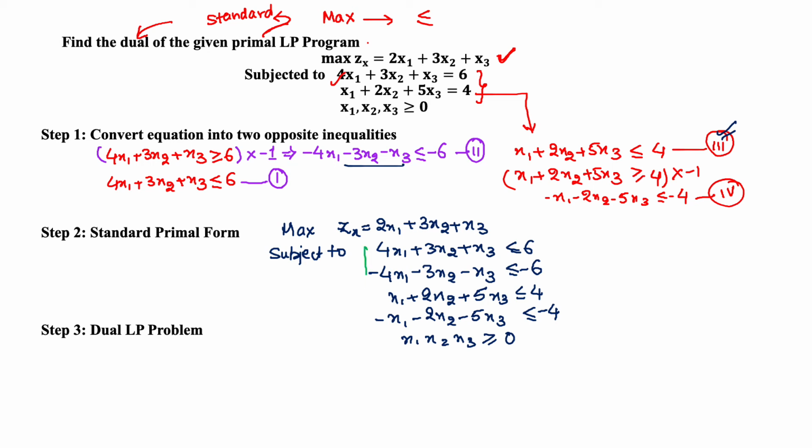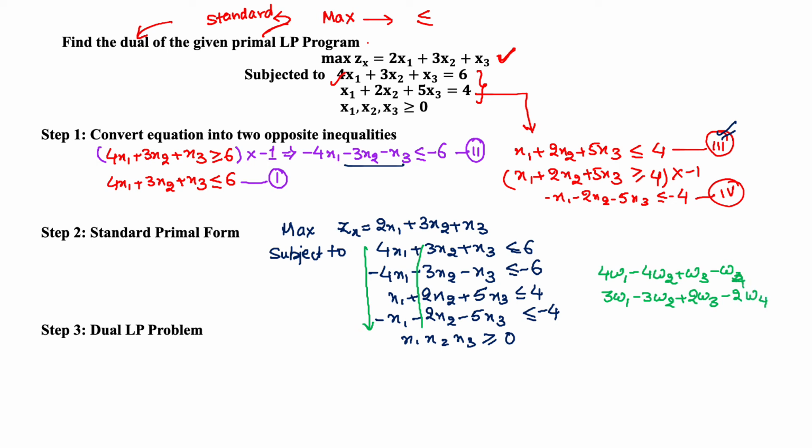Okay, so first row, which is 4x1, will become 4w1, minus 4x1 will become minus 4w2, x1 will become w3 and minus w3. Similarly, second row will become 3w1 minus 3w2 plus 2w3 minus 2w4.